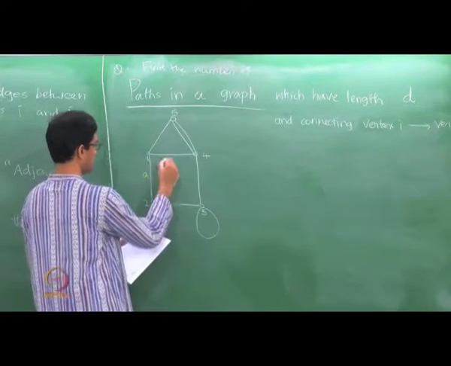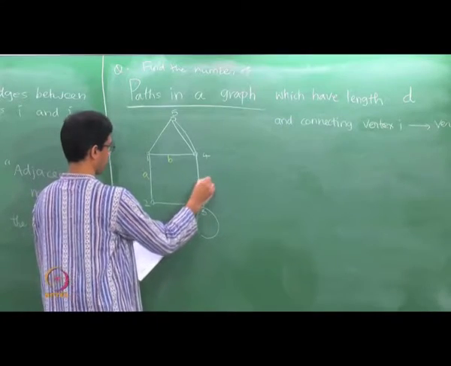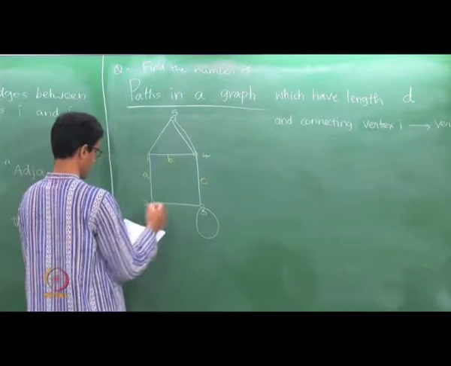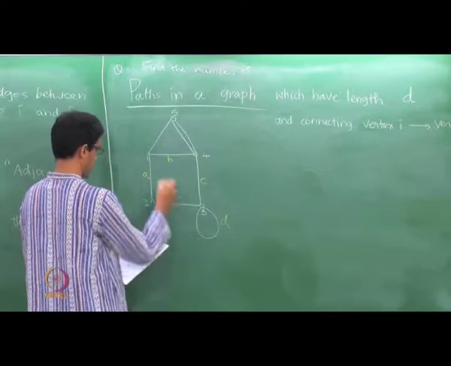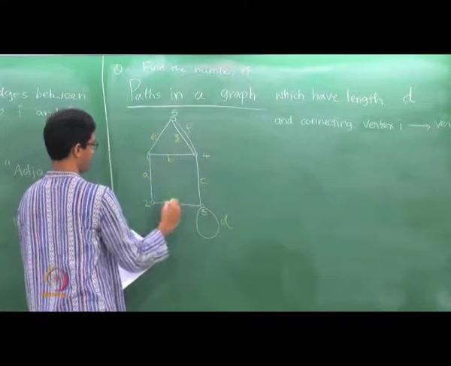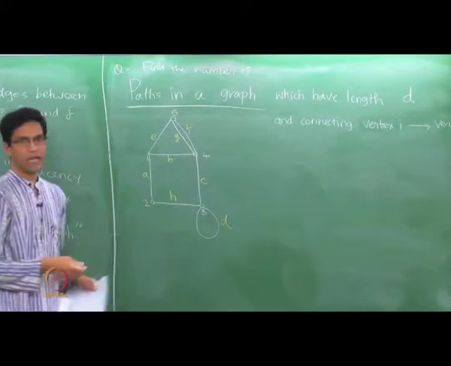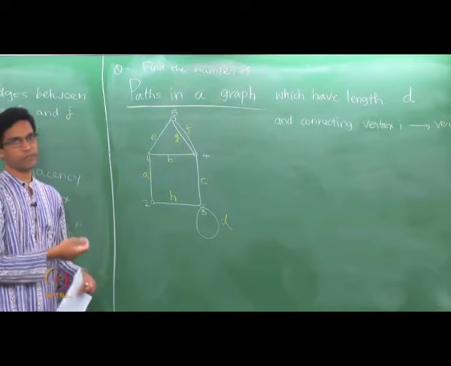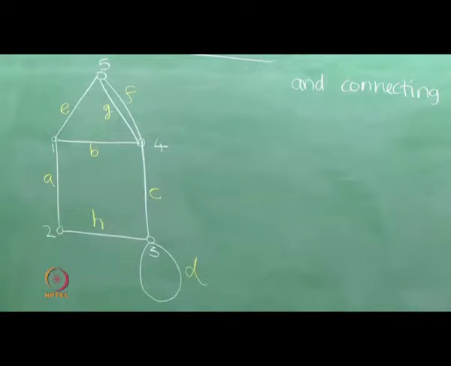I have B, which connects say 1 and 4, C, which connects 3 and 4. D is the loop. Let's see. So I also have E, F, G, and H. So arbitrary labels. So there are 8 edges. I'm just calling them A through H in pretty much any order. It doesn't matter how I label them.